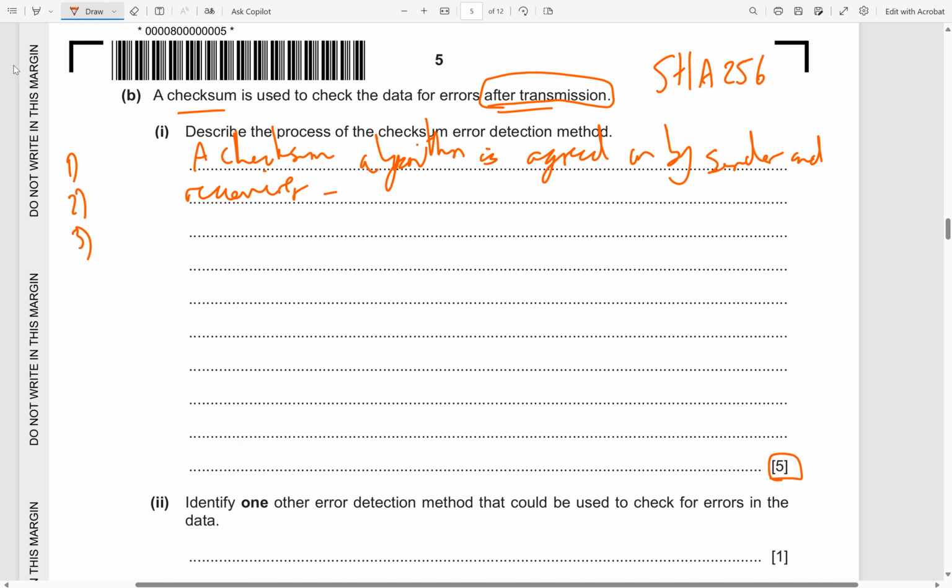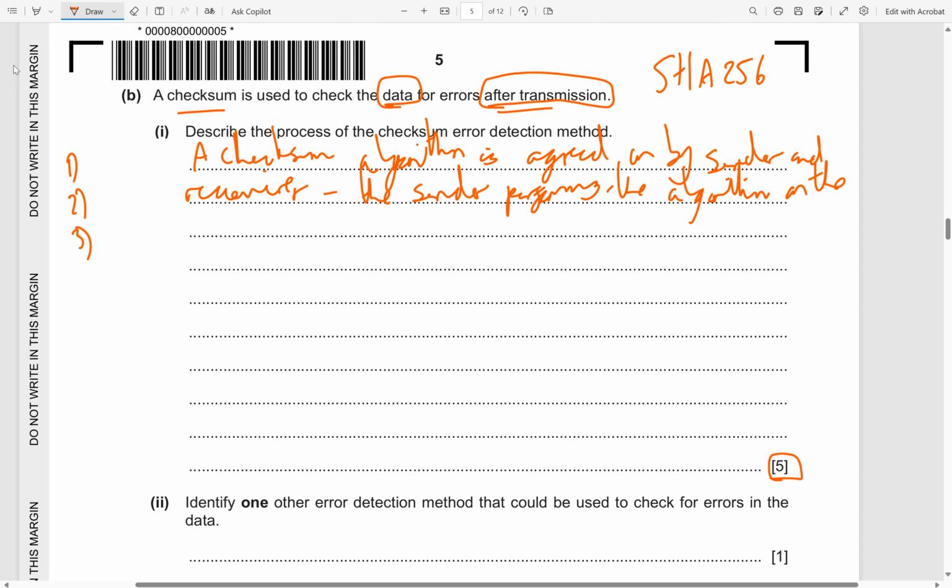Let's say the sender then performs the algorithm on the data or the payload.